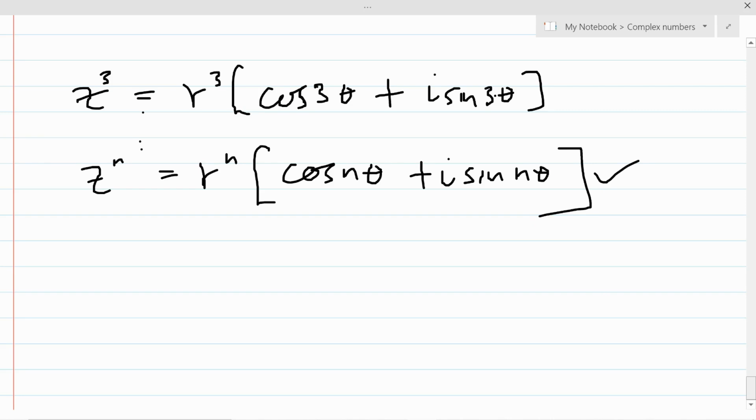So that is why we needed to know the polar form, so that if we have something like z being equal to, say, 1 minus i, then z to the power 5, we'll be able to do this very simply.